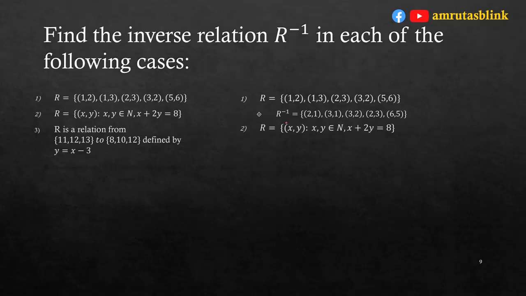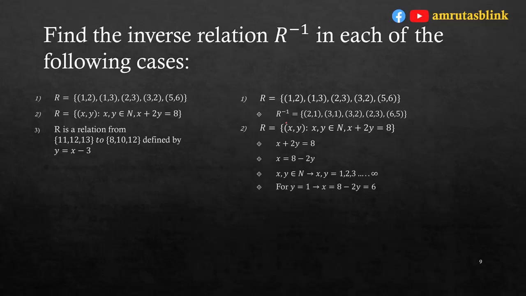Now in the next question, R = {(x, y) : x, y belongs to N and x + 2y = 8}. Initially we'll solve the equation x + 2y = 8. If we simplify, x = 8 - 2y. One more condition is given, that x, y belongs to N. That means x and y can have values 1, 2, 3 up to infinity.